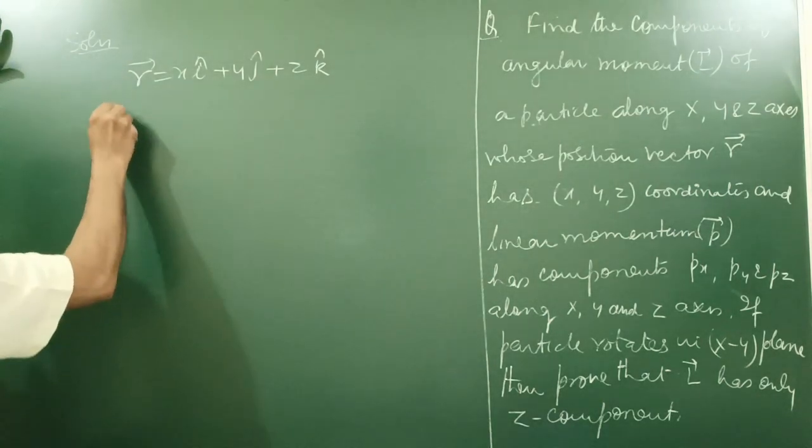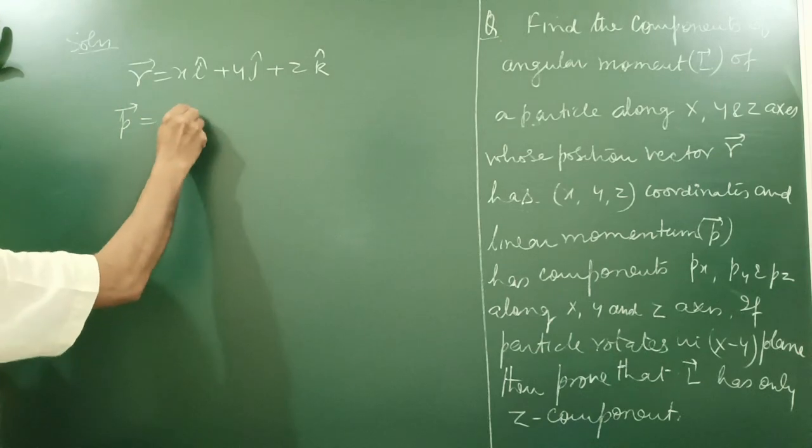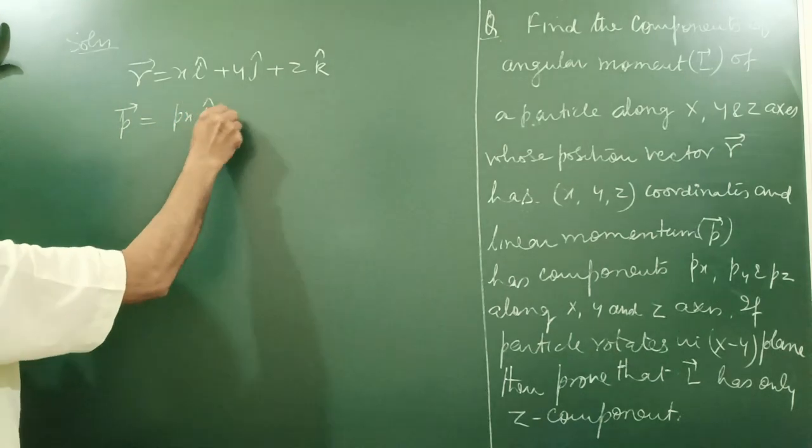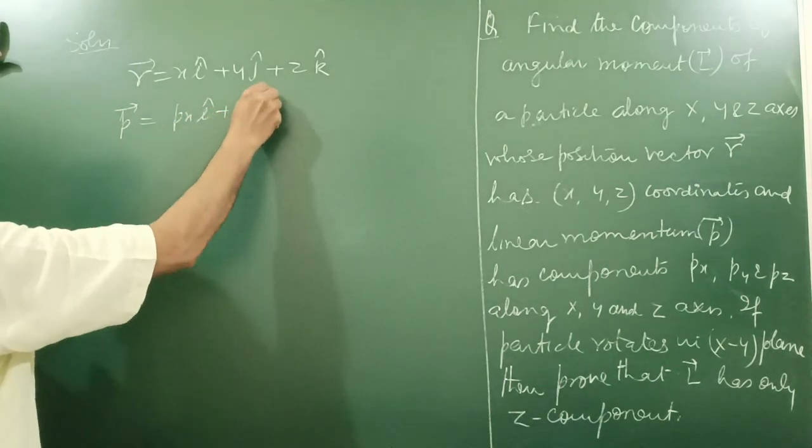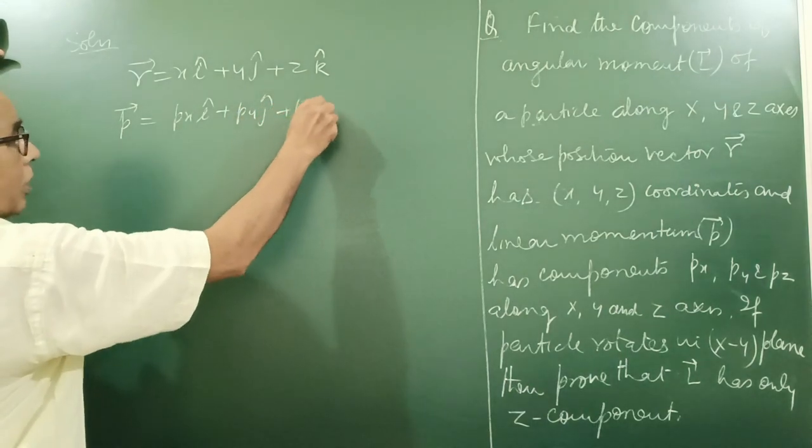And vector p will be px i cap plus py j cap plus pz k cap.